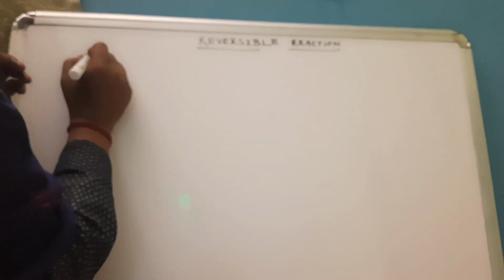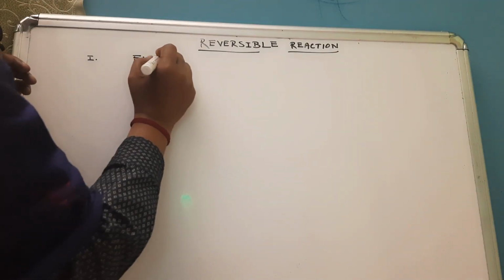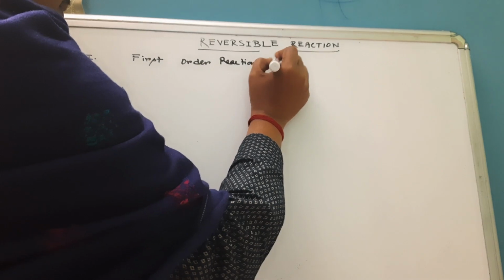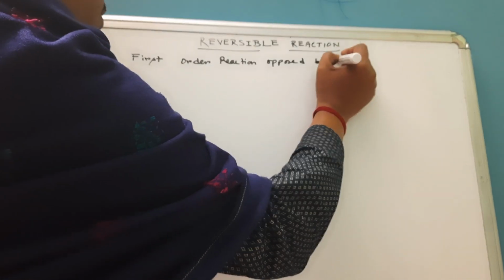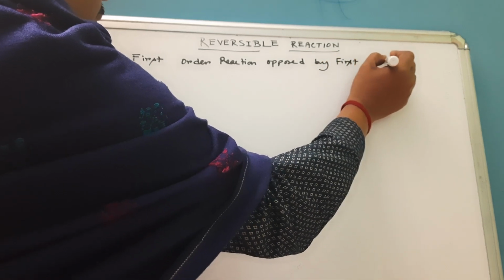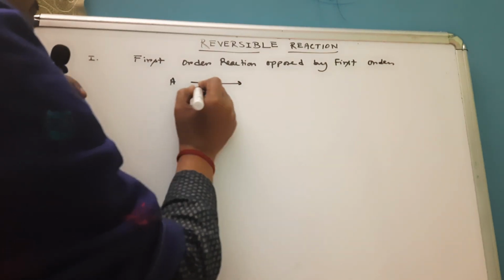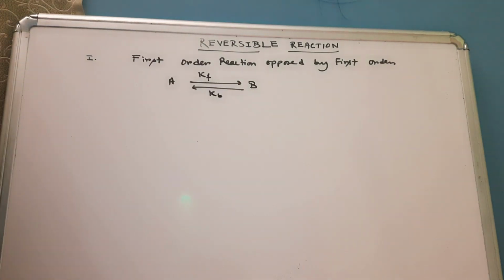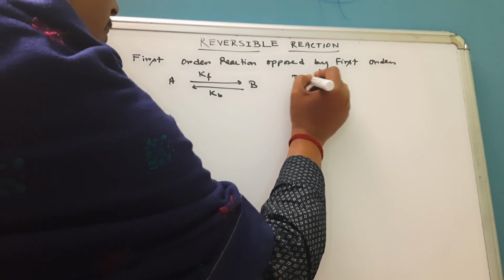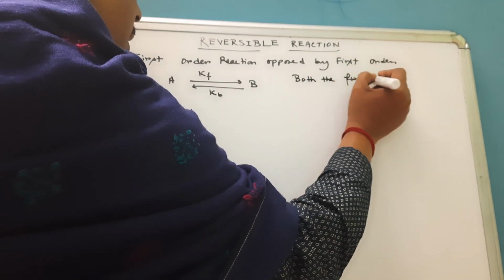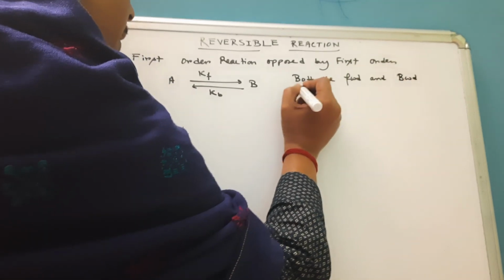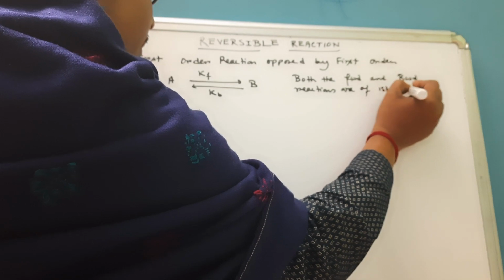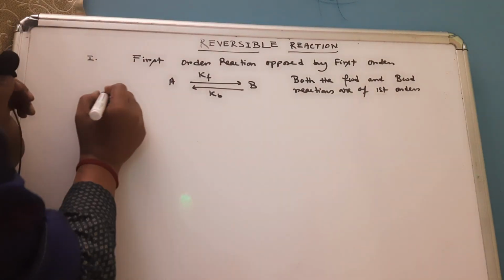First of all, the first order reaction opposed by first order: A to B, with Kf and Kb, and both the forward and backward reactions are of first order.